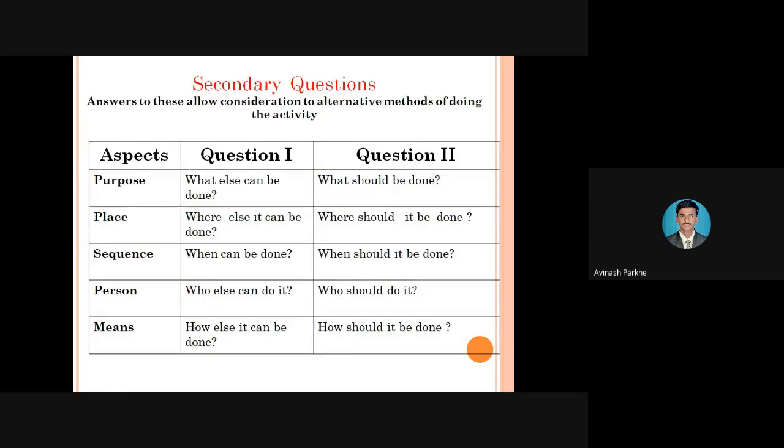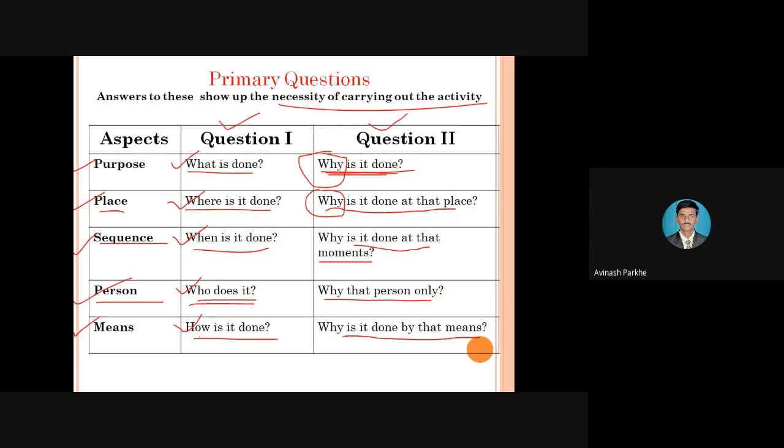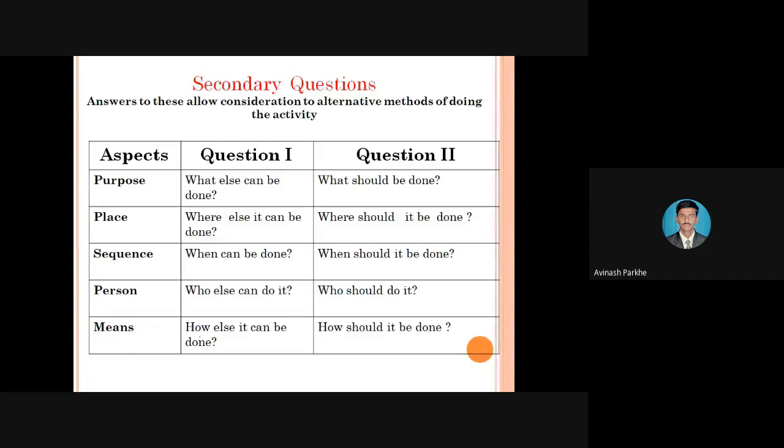Then secondary questions, for the alternative methods. The primary question covers what is asked when I am performing a modification on any method. But the secondary question represents the alternative method. Suppose I have done the modification, and even after modification it is not possible to implement that modified method for further operation.